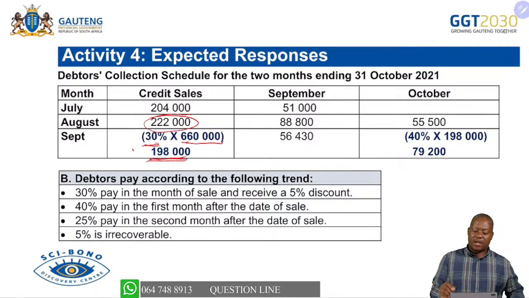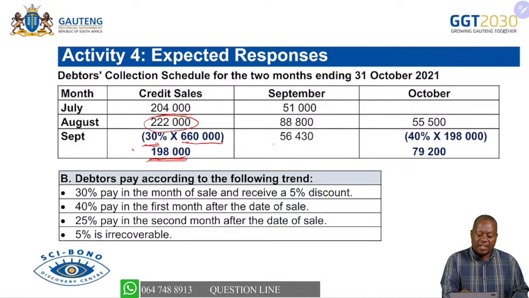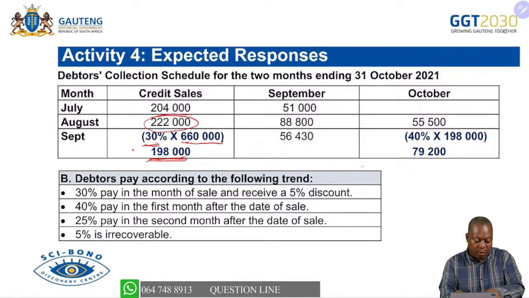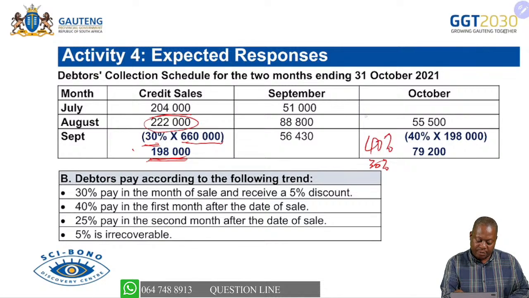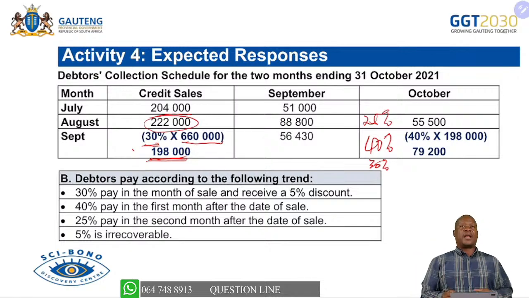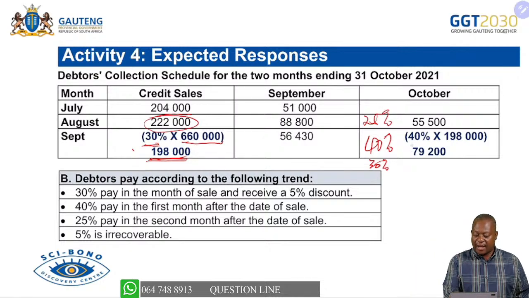After that, we remember now it is from the bottom going up. Is that okay? It's from the bottom going up. And now this, which is October, which is not showing here, it should be 30%. Here it should be 40%. And here it should be 25%. So we are now going like that. That's the reason why it is 40% of 198,000.